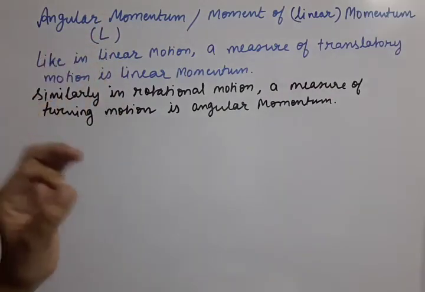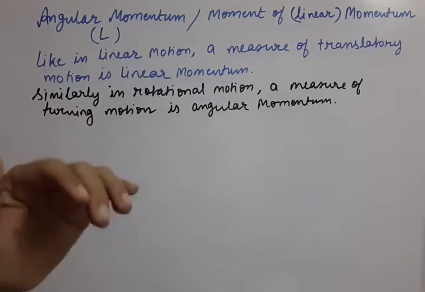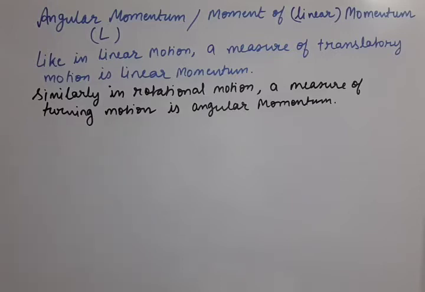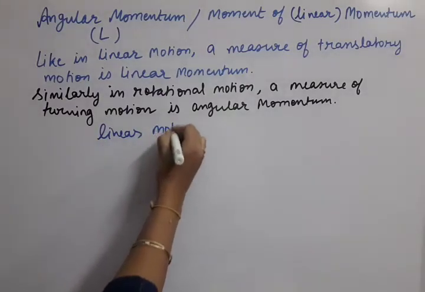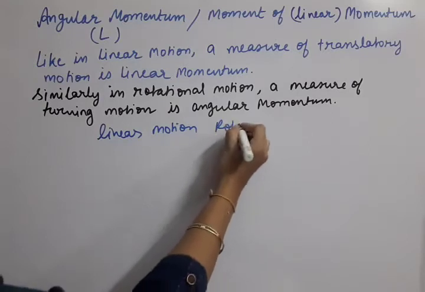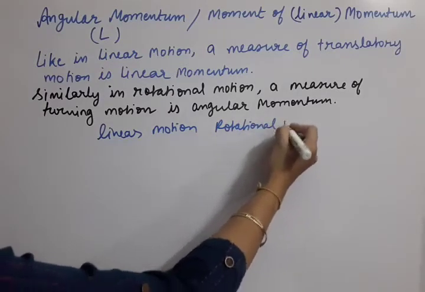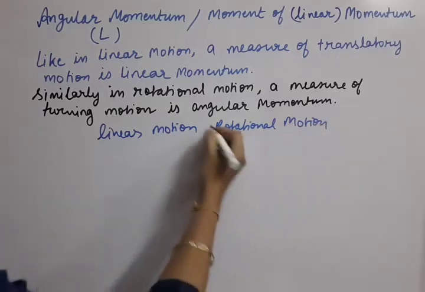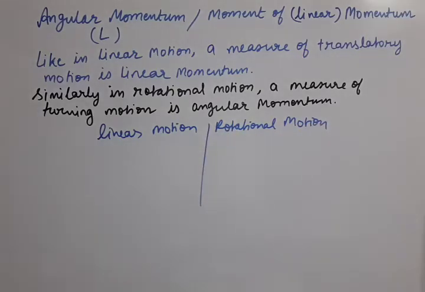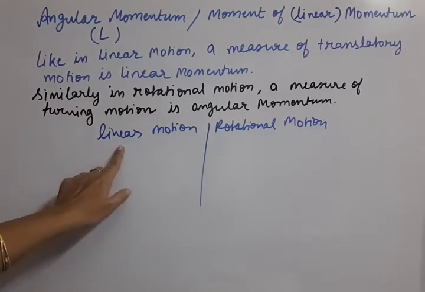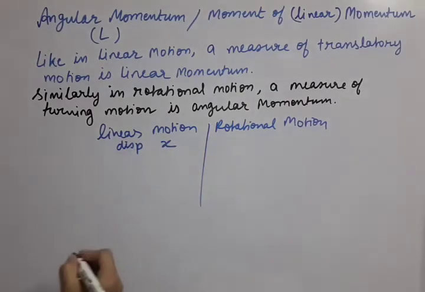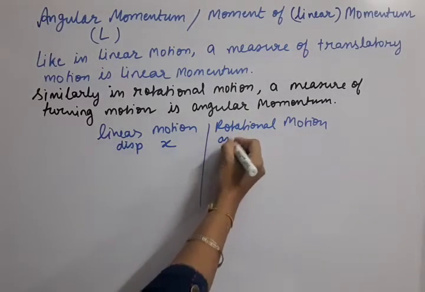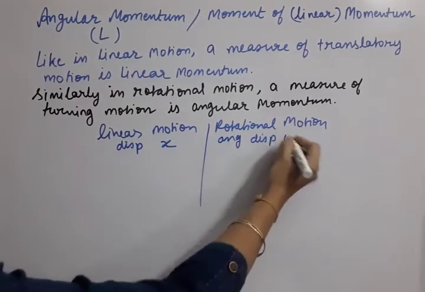Now, as we know, we are comparing linear motion with rotational motion. We are replacing the quantities by their counterparts in rotational motion. Like if we talk about displacement, linear displacement we denote by x, but here the displacement is angular displacement, so we denote it by theta.